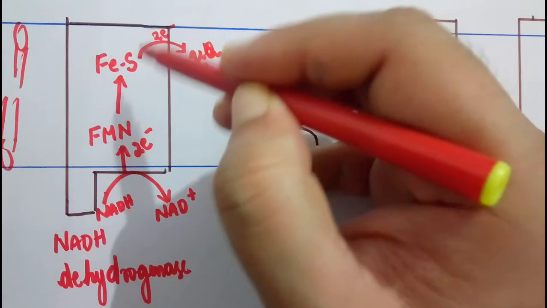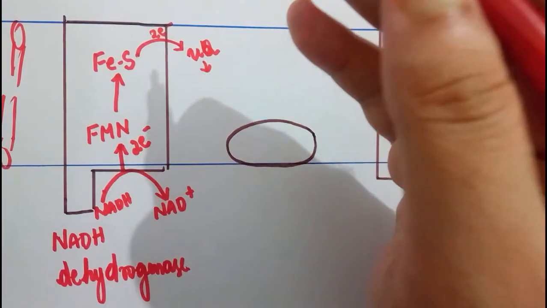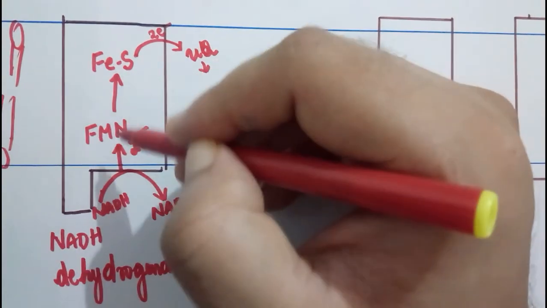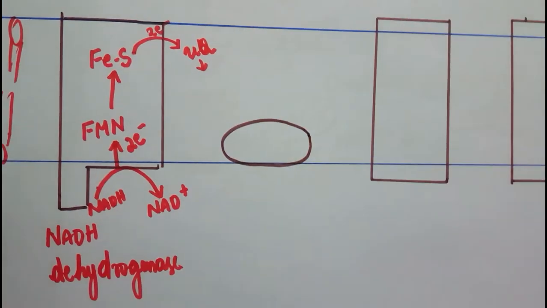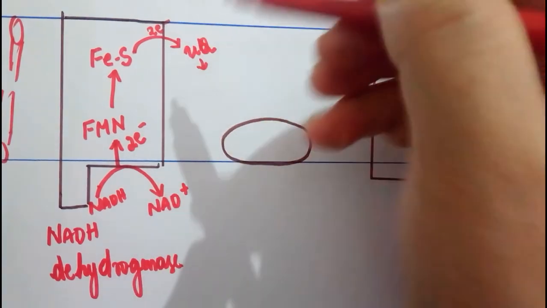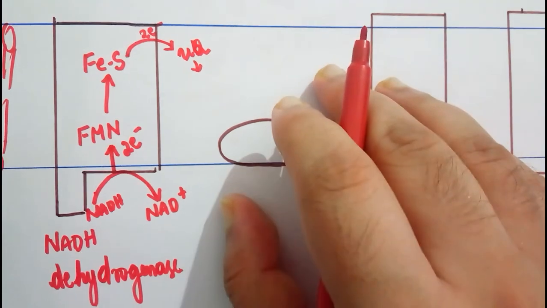Most of the steps happening here are just reductions and oxidations. FMN got reduced, and the reduced FMN got oxidized by giving its electrons to the iron sulfur center. Then the complex got oxidized by giving away its electrons to ubiquinone. So the reactions taking place are just redox reactions.